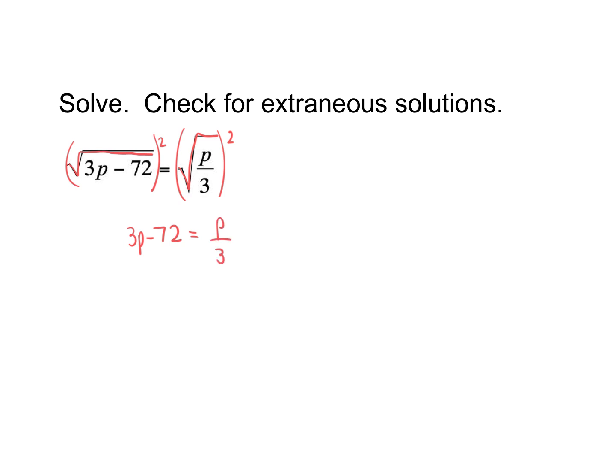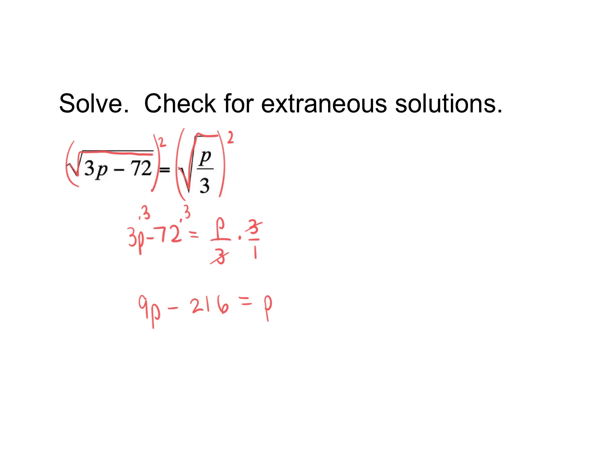But what we do have right here is a fraction that we need to remove. If we multiply everything by 3, or by 3 over 1, we will notice these are going to go away. So we'll multiply this by 3, multiply this by 3. That's going to give us 9p minus 216 is equal to p.